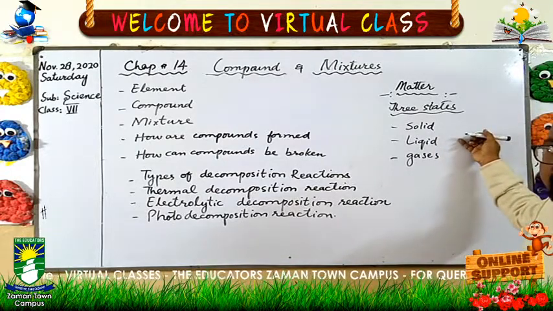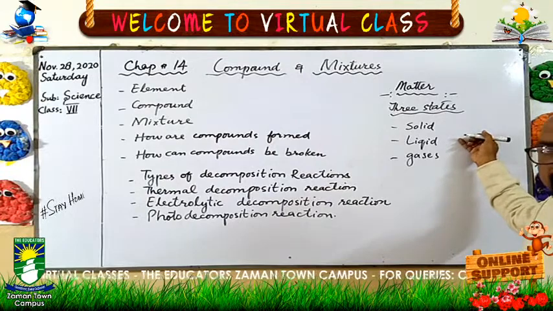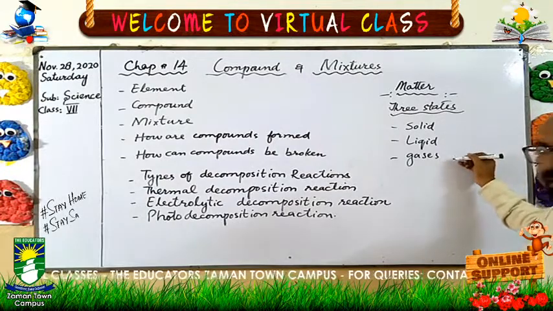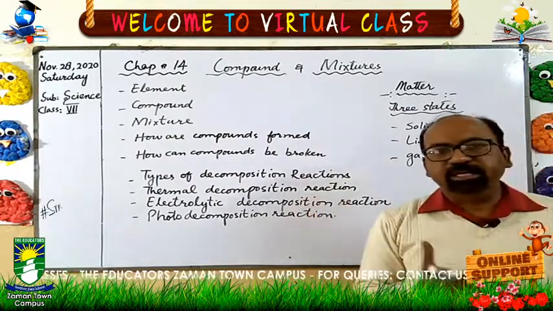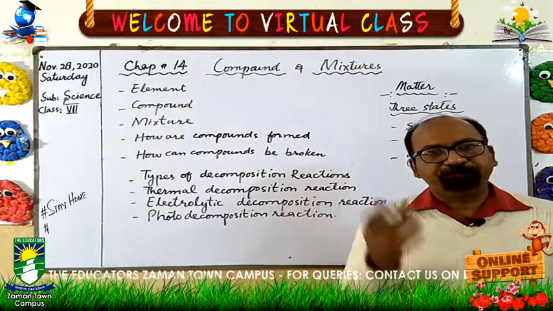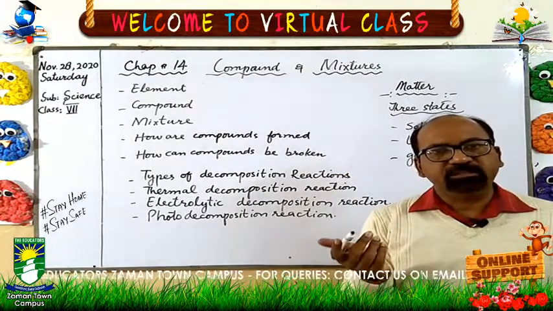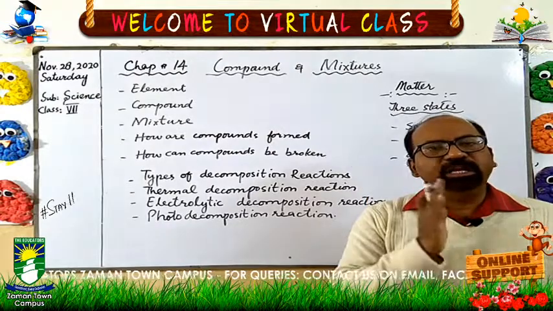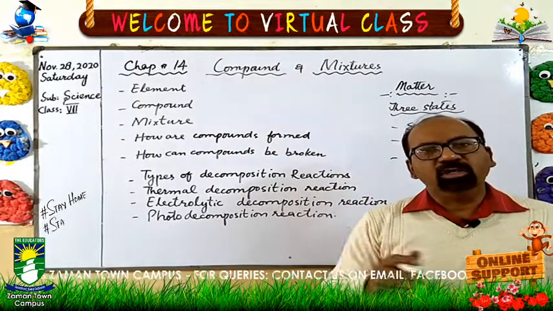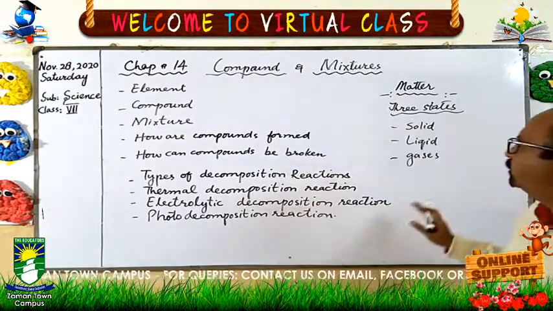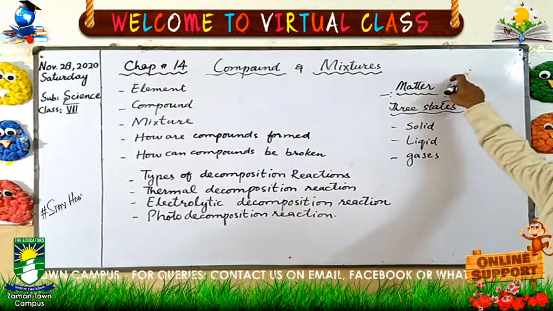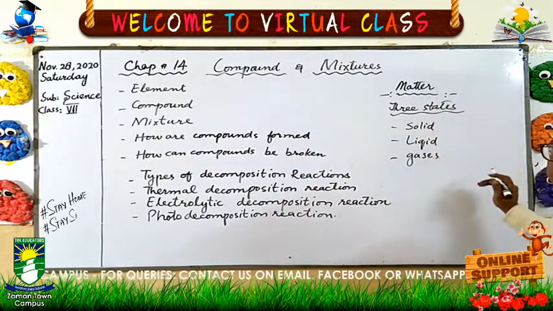Many things are liquid like water, like oil. Many things are present in a gaseous form like air. Air is a mixture of gases. So all the gases, all the liquids, all the solids, they are made up of matter.